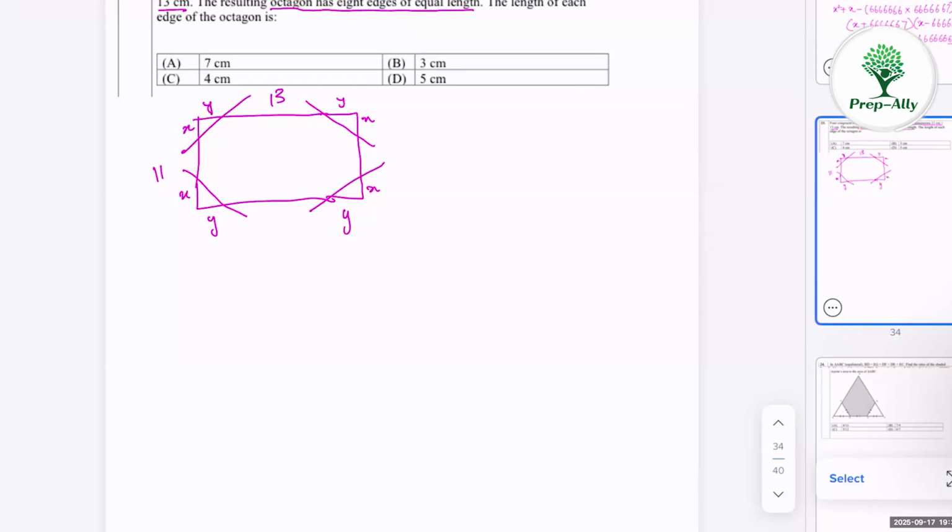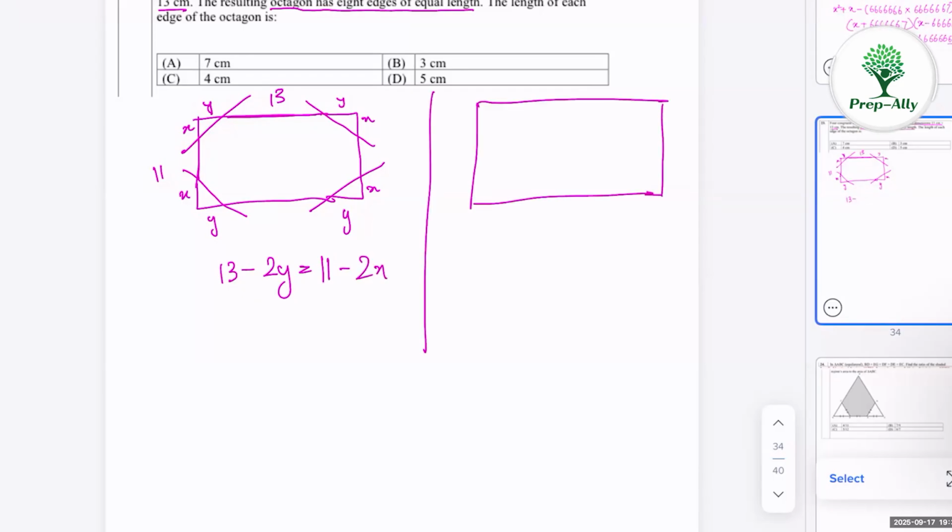Such that these two sides are equal. So 13 minus 2y equal to 11 minus 2x, or could be something like this.